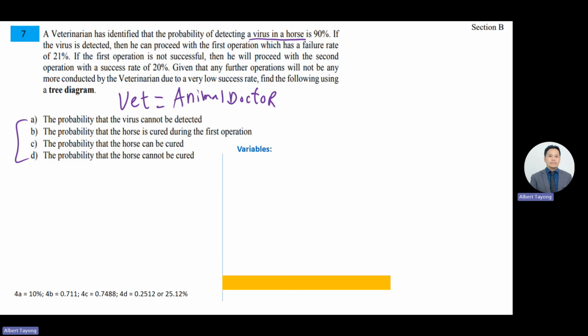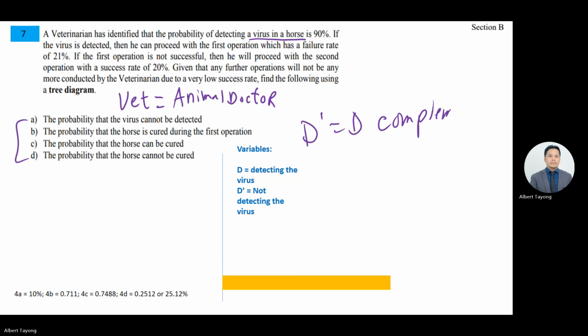So we define our variables. D is detecting the virus, and not D, or D prime, D complement, is not detecting the virus. And we have S as success and F as failure, because we talk about failure and success.